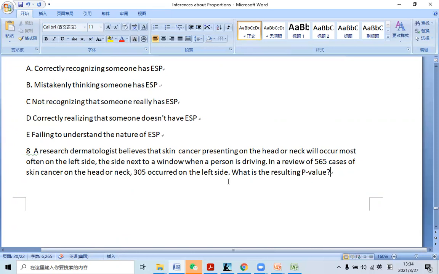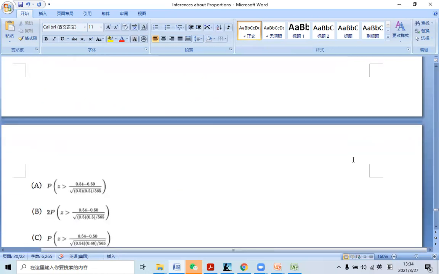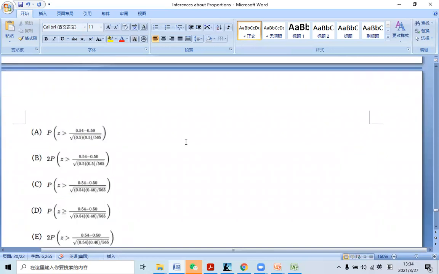So the resulting p-value is the probability of having 305 out of 565 cases on the left. What is the p-value?